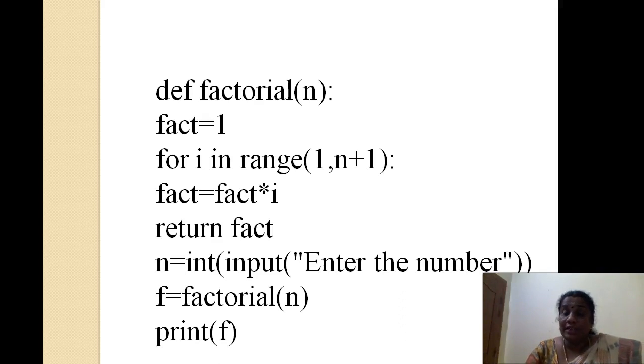You can see one more example of factorial. To find the factorial, we get one number from the user and we call a function called factorial, and I am passing that n to the function. The function will calculate the factorial and return the value to the caller, which will be stored in f, and f will be printed.